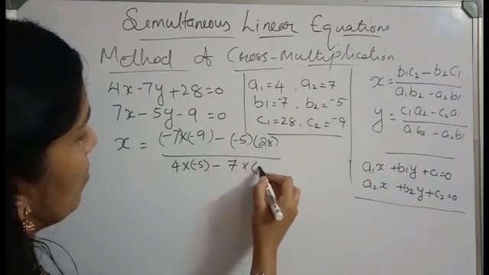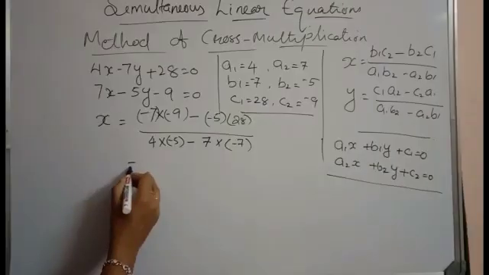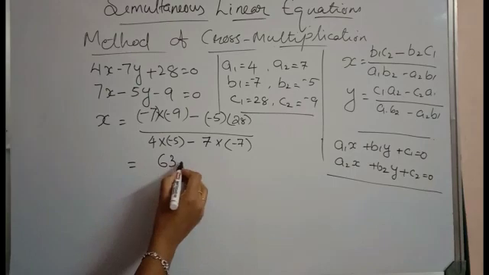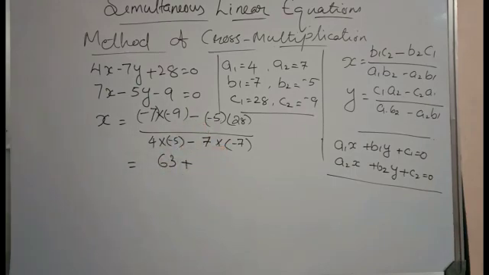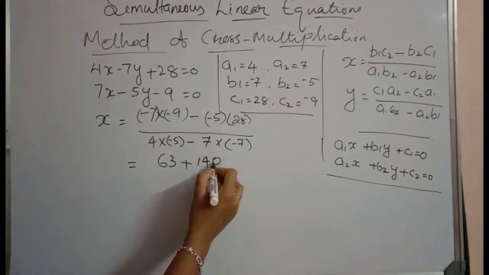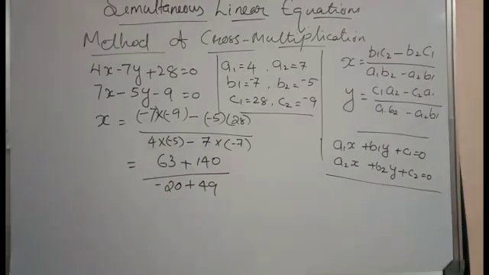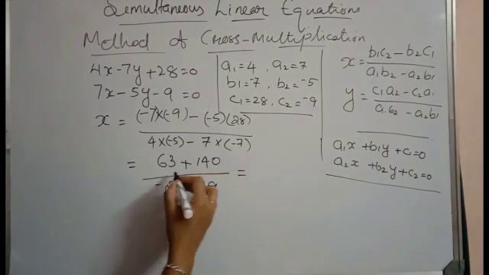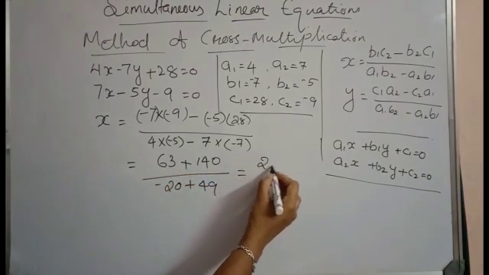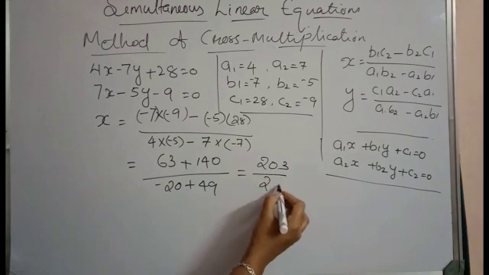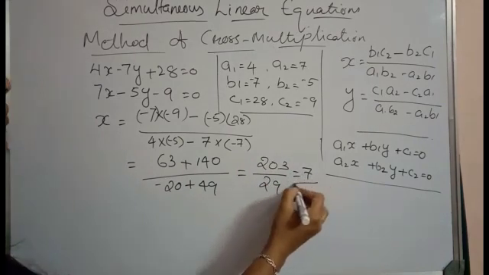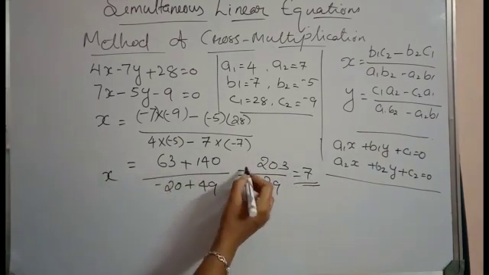What is b1? Minus 7. That's equal to 63 plus, because minus into minus is plus, 28 into 5 is 140, divided by minus 20 plus 49. That's equal to 63 plus 140 is 203 divided by 29. That is 7. The value of x we are getting is 7.